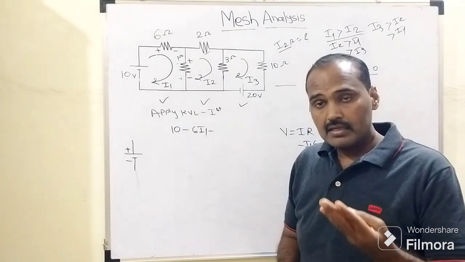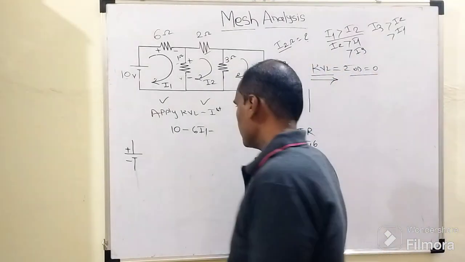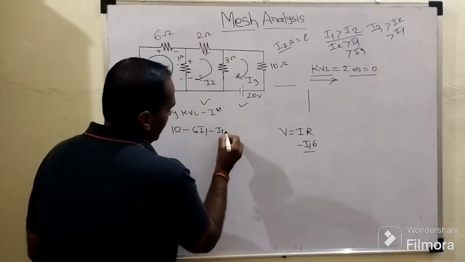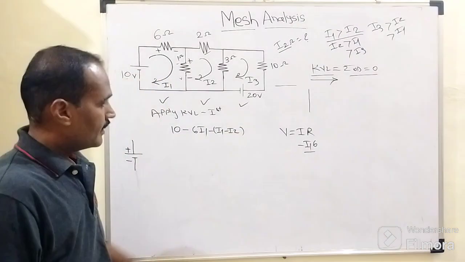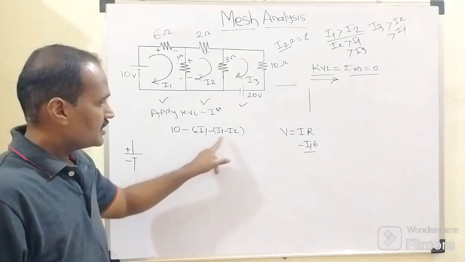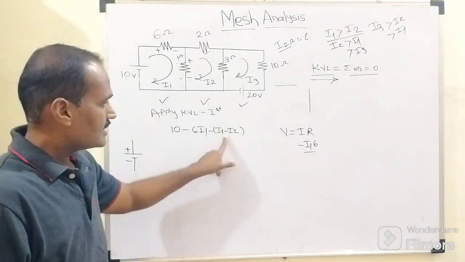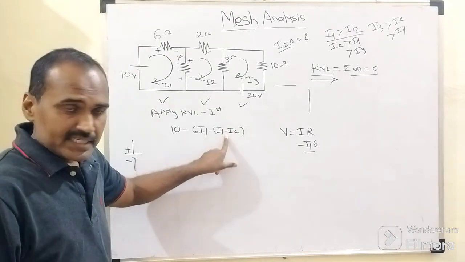That's why the overall ohmic drop across this 1 ohm resistor will become what? Followed by this negative sign, I1 minus I2, right? How does I1 flow? Top to bottom, clockwise direction. How does I2 flow? Bottom to top, clockwise direction, as their current directions are opposite to each other, denoted by this negative sign.